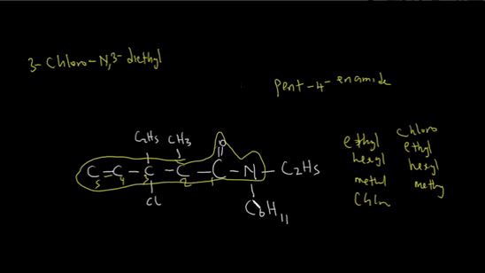Then we have hexyl on N, N-hexyl. Then methyl, which is on number 2, 2-methyl. Then we are done with them. So let's add the parent's name, which is pent-4-enamide. JAMB is not going to ask you something this long, but if you can name this, you can name the others.